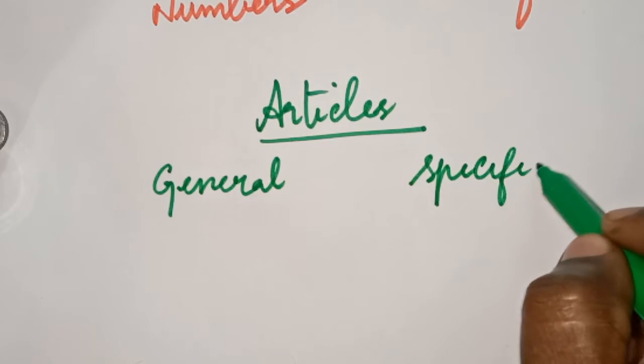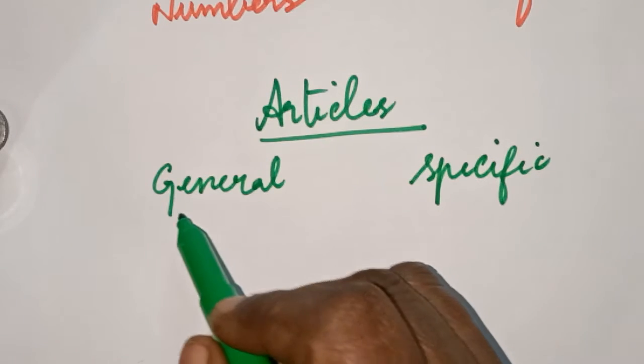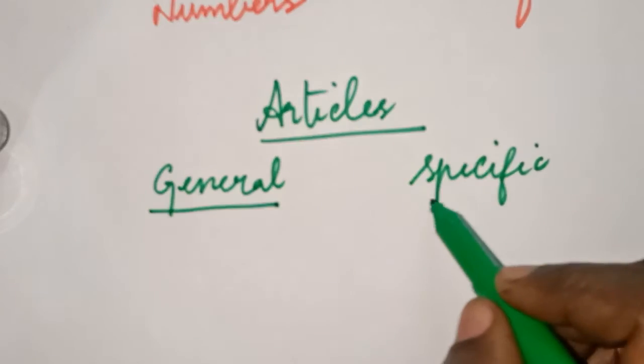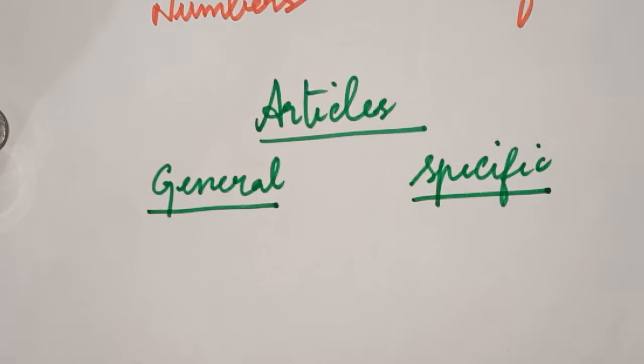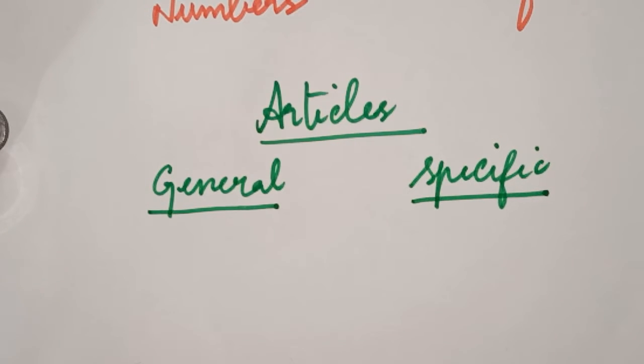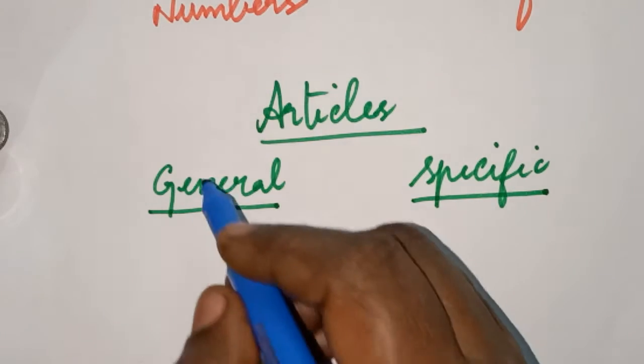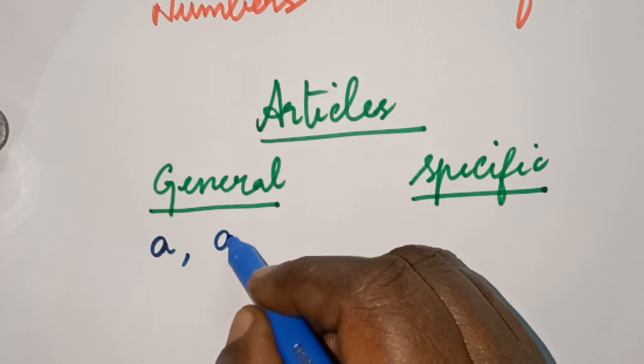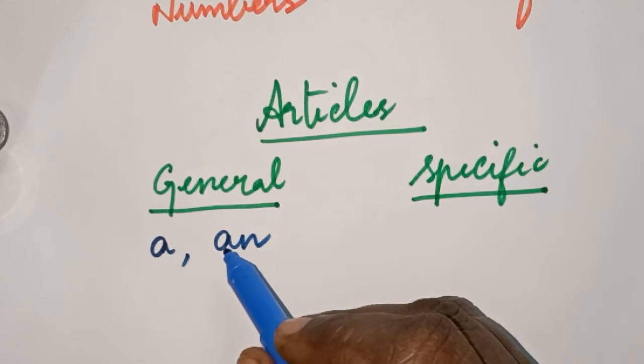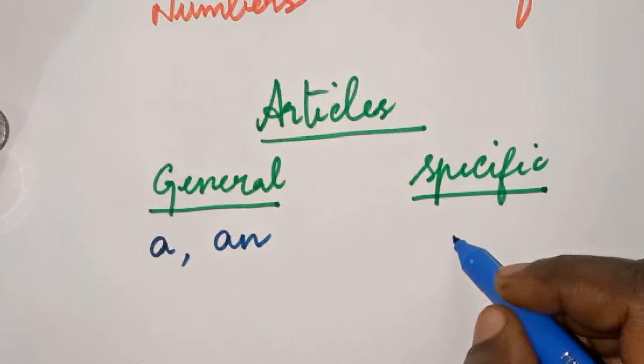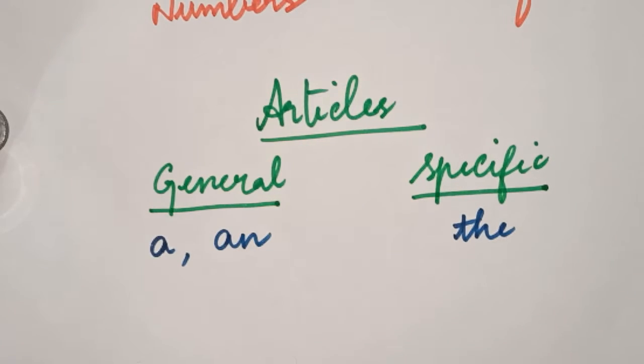When we talk about things generally, we use some articles, and when we talk about specific things which we have already mentioned, we use the specific article. A and an are general articles and the is the specific article.